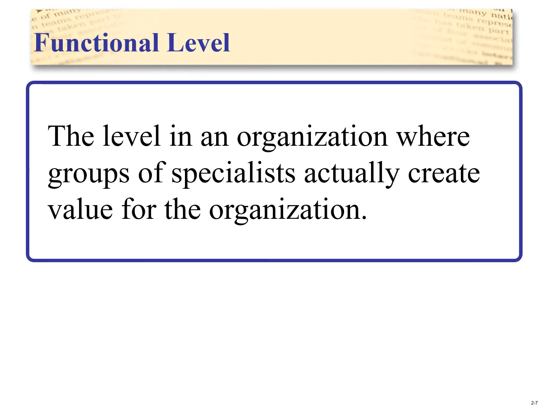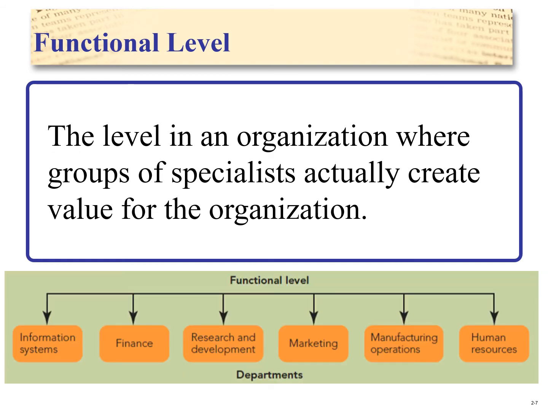The third level, or the last level we should say, is the functional level. This is the level in an organization where groups of specialists actually create value for the organization. The people working at this level are really specialists in their jobs, and that's why we see these departments: IT, finance, research and development, marketing, manufacturing operations, human resources.